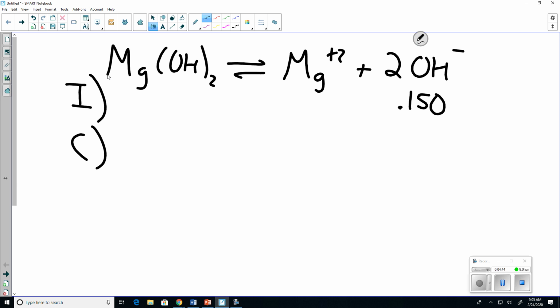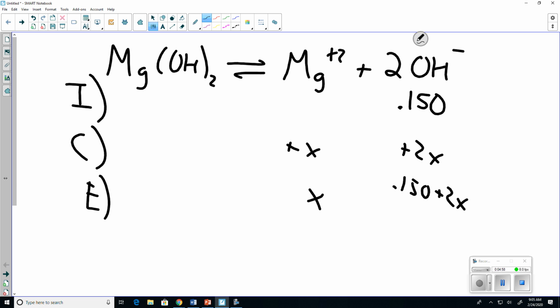Again, we still would use our X and our 2X here. But what makes this problem different is that our expression is a little more complicated at equilibrium for one thing because it's already in presence of a whole bunch of acid ions.